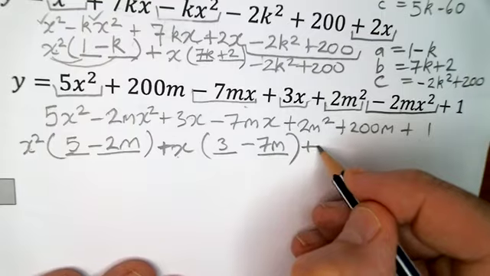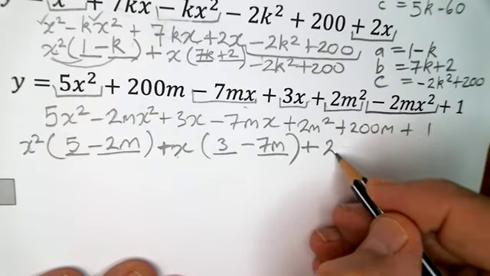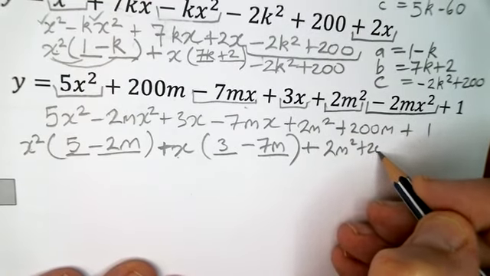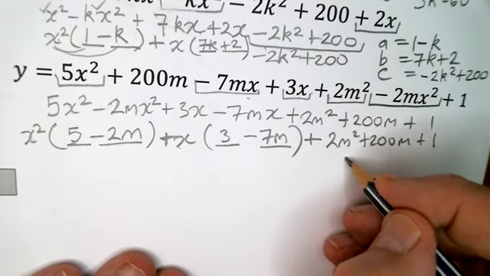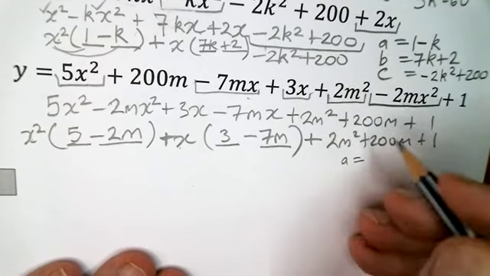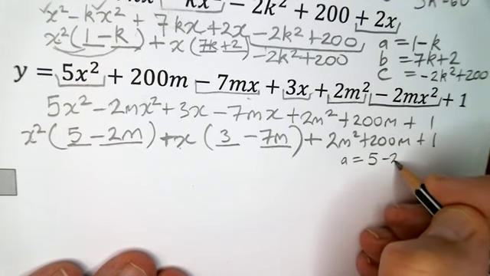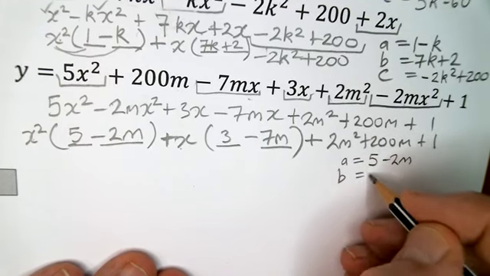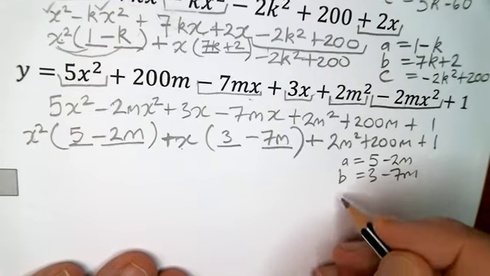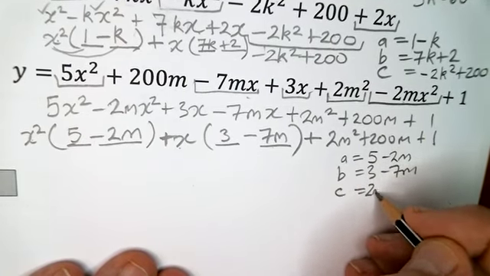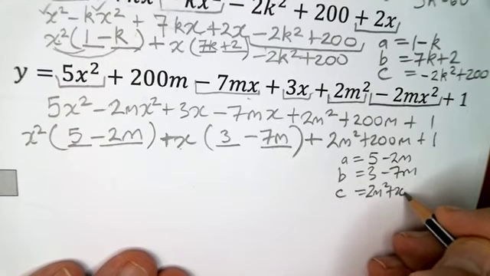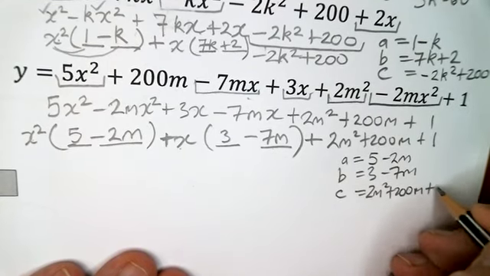And I'm going to plus, and I've got the whole of this thing here, 2m squared plus 200m plus 1. So now we can say that A is equal to 5 minus 2m, B is equal to 3 minus 7m, and C is equal to 2m squared plus 200m plus 1.